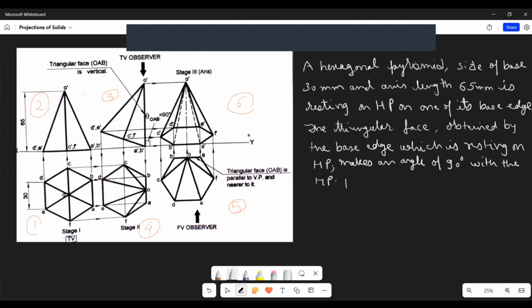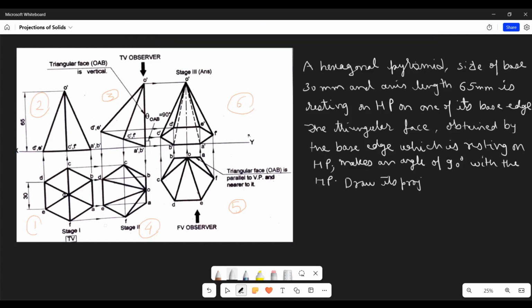The question is generally written like this: draw its projections if the same triangular face, which we discussed earlier in the second statement, is parallel to VP.